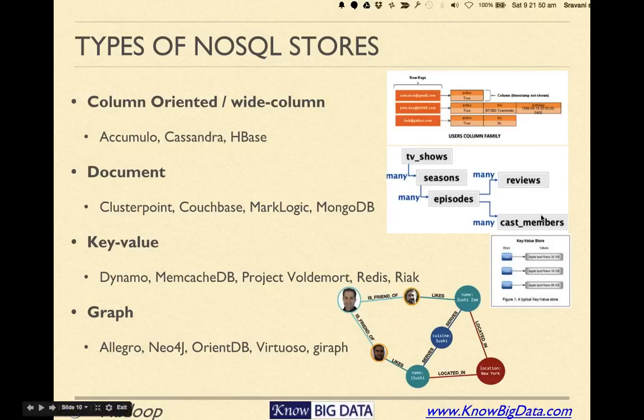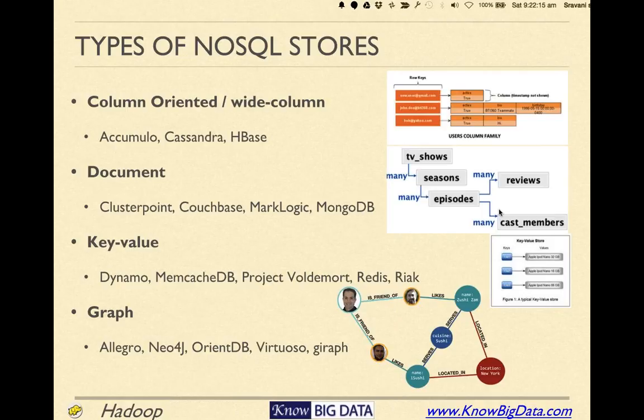And there'll be a sixth table for reviews, seventh table for episodes and reviews relation, and eighth table for cast members, and ninth table for the relation between episode and cast members. So you'll have nine tables to represent this structure.